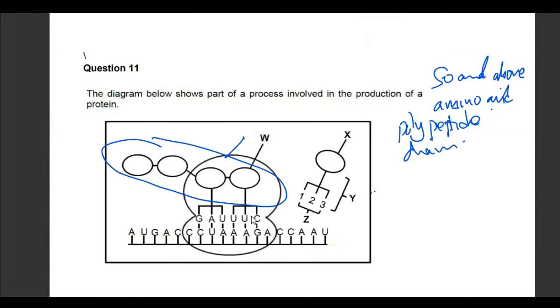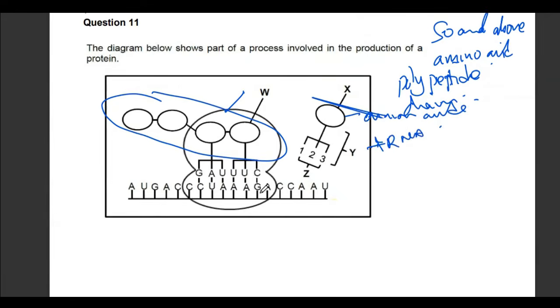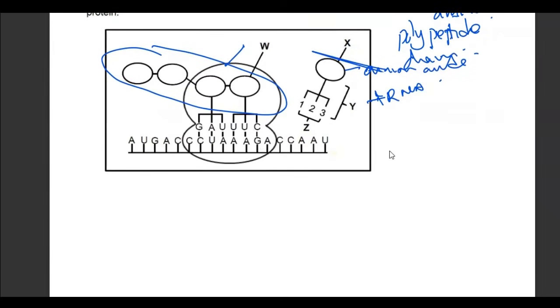Yes, so it is a polypeptide chain. So what is X? This is the amino acid, and then this is transfer RNA, and then what is Z? We have seen them.